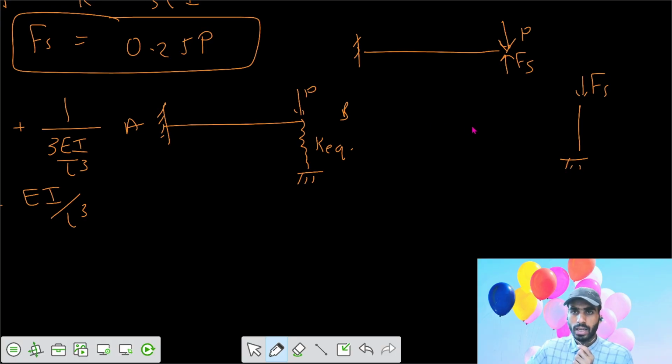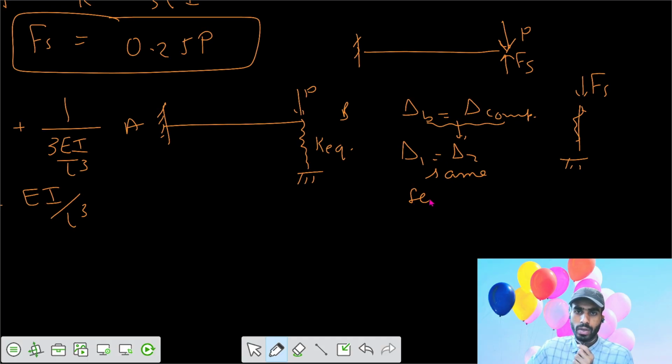We have the relation that the elongation in the beam should be equal to the compression in the spring. This is your compatibility: if delta is the same, that means the springs are in parallel. So we can solve by that method also.